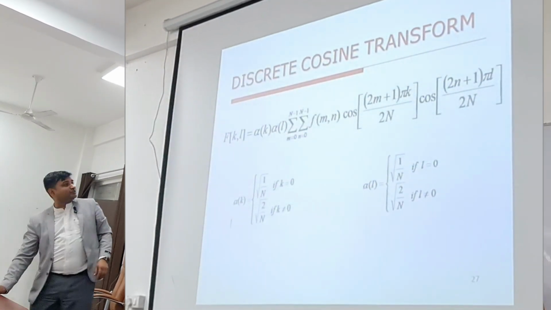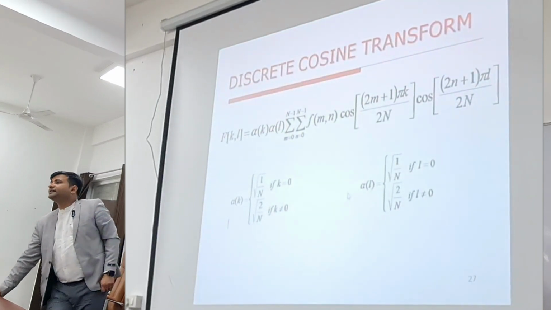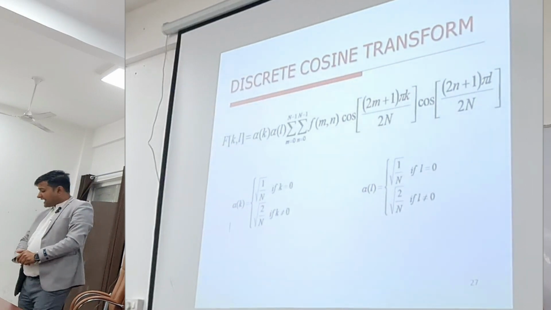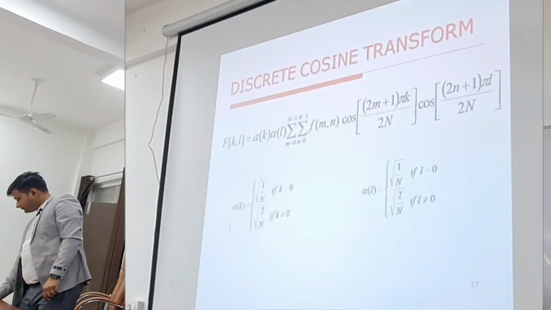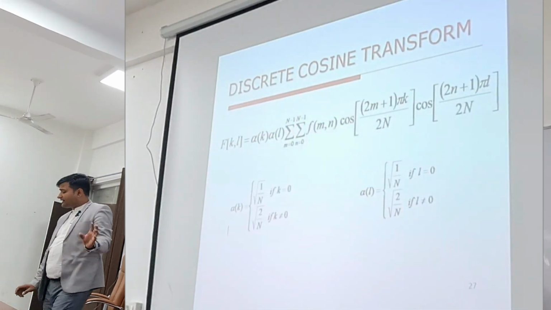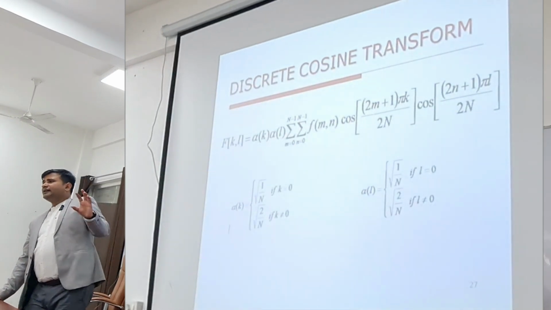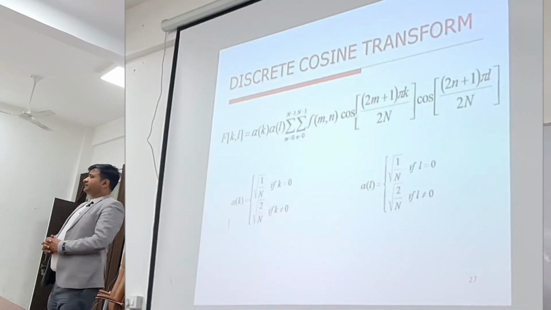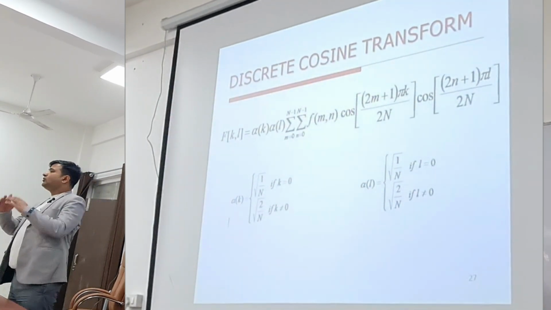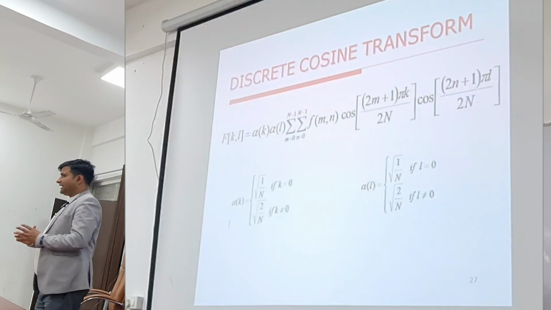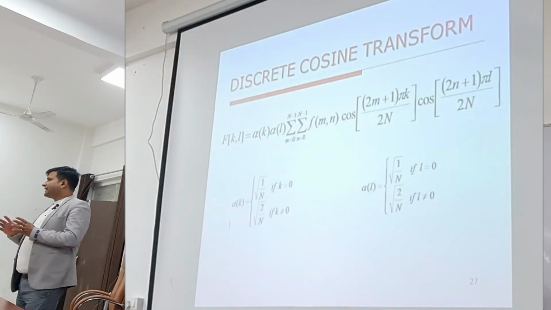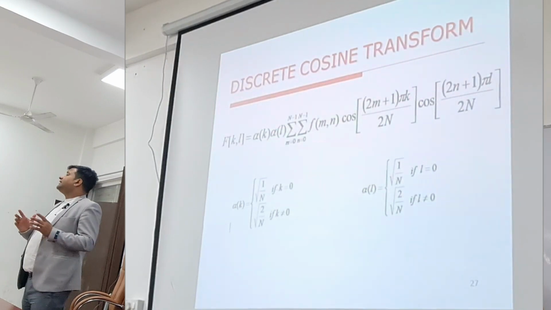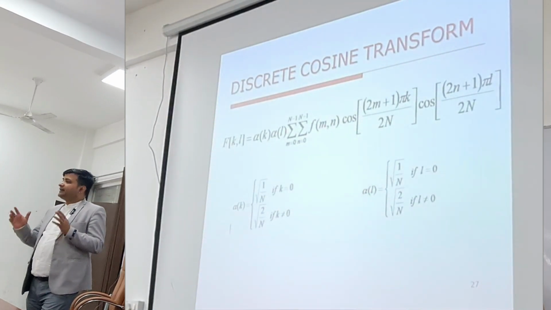First is that it is real and orthogonal. The DCT has an excellent energy compaction property for highly correlated data. Highly energy compaction means fewer coefficients define the whole image information. All transforms have energy compaction, but the DCT has high energy compaction.